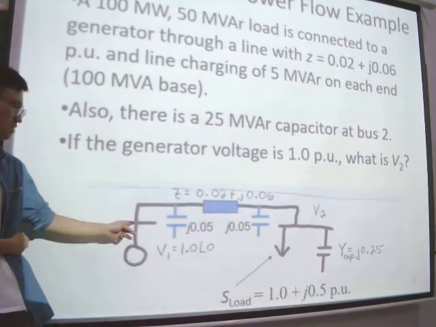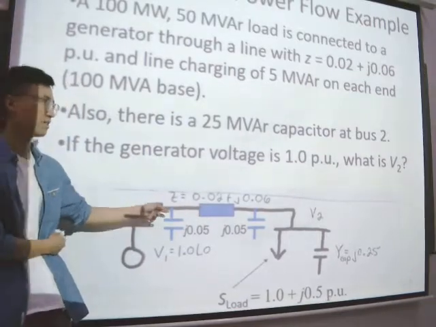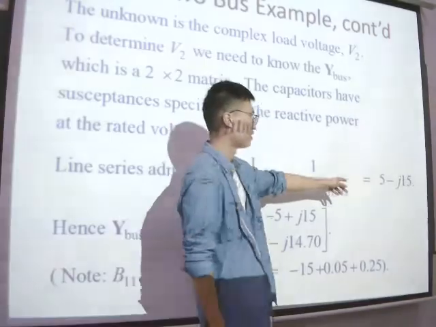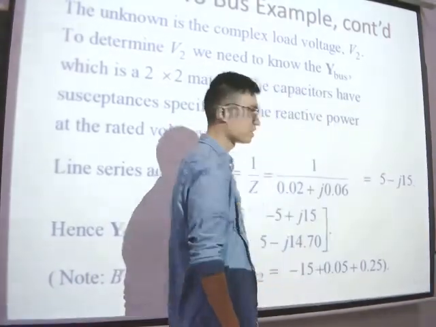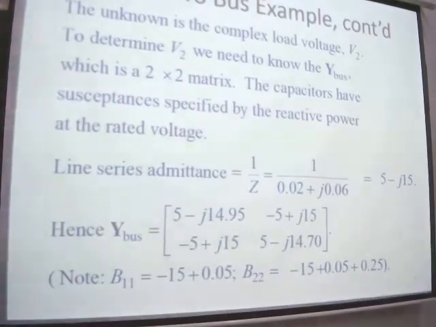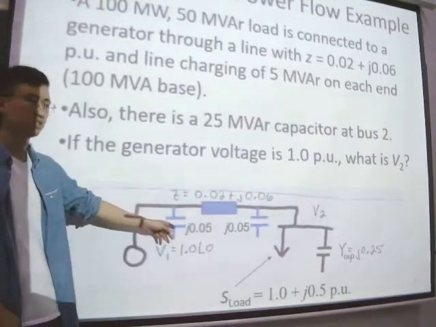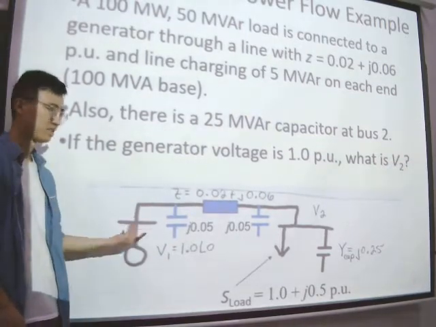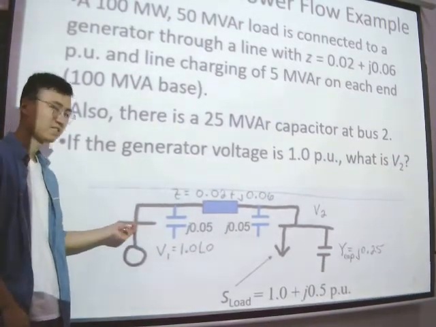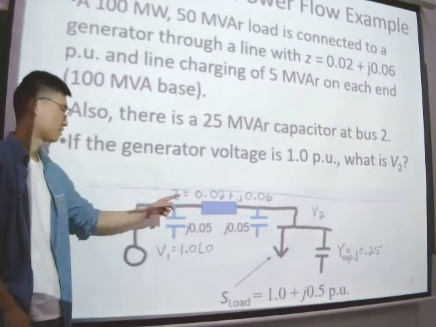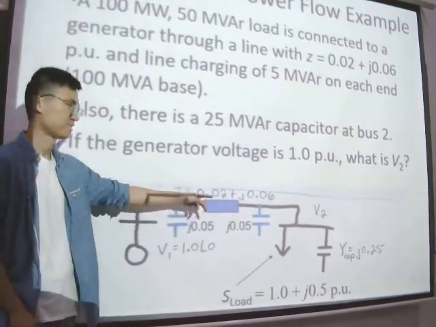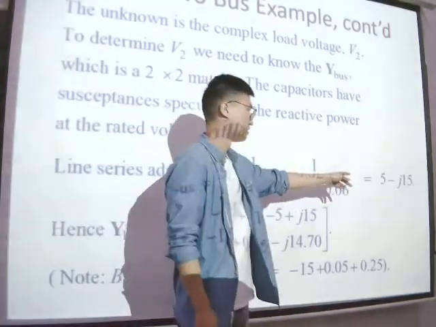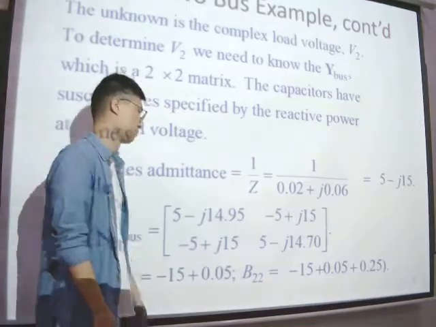For this bus, it is connected to the line admittance, 5 minus j15, and also to this shunt of 0.05, so the self admittance is the sum of these two.